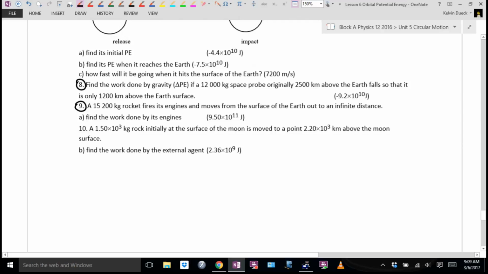Now, if you're moving out to an infinite distance, and it doesn't mention any speeds, I think for number 9 you can assume your initial speed on the launch pad is 0, your final speed out at the edge of the universe is 0, and at an infinite distance, what's your final potential energy? 0. So this isn't as bad as you think. Lots of stuff will cancel for that work equation.